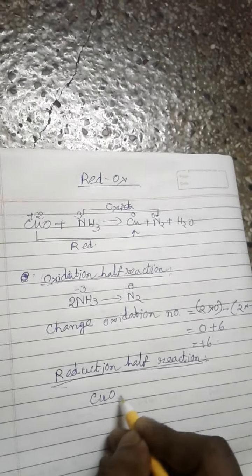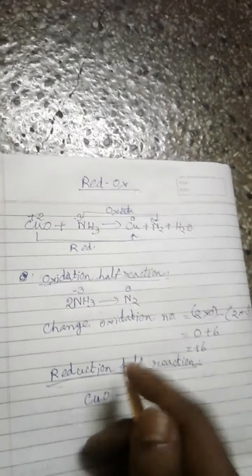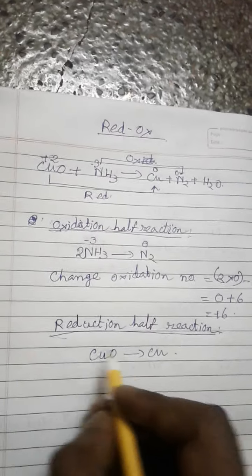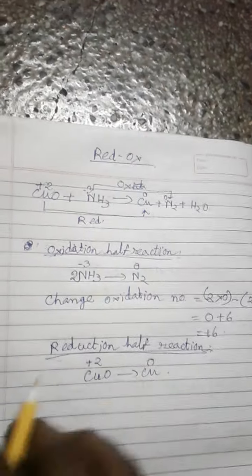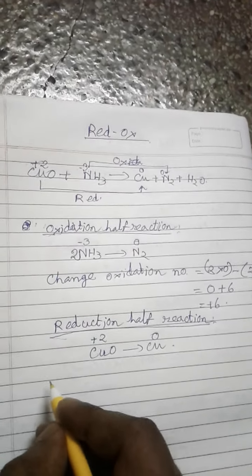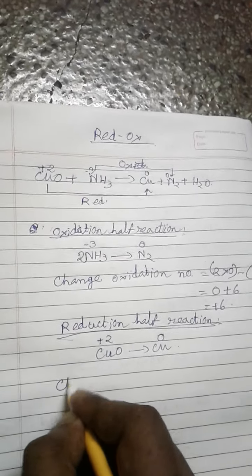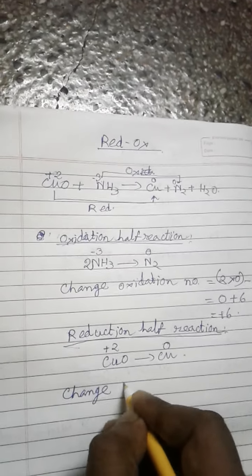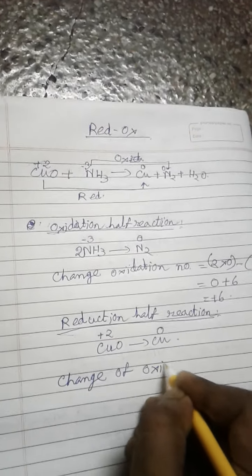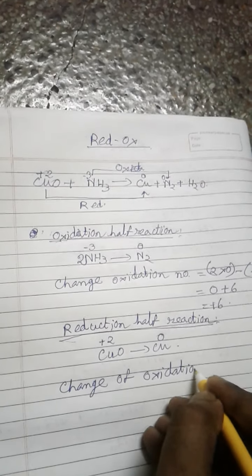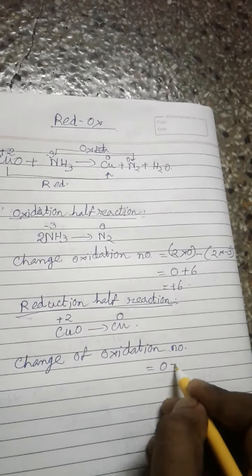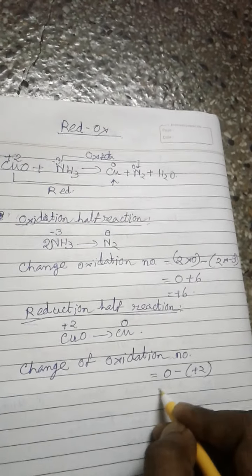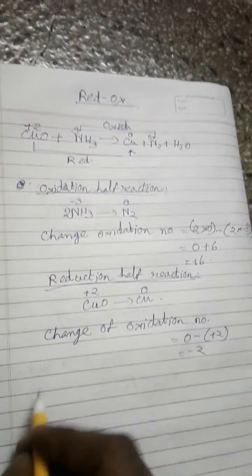This is CuO to Cu, and here copper is already balanced because one copper is present on both sides. From CuO to Cu, the change of oxidation number is from +2 to 0, this is -2.